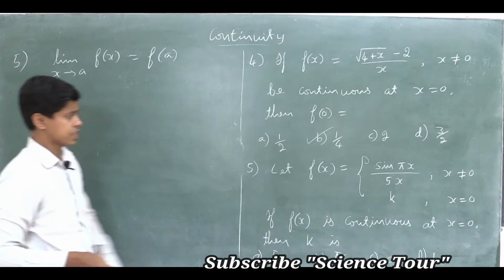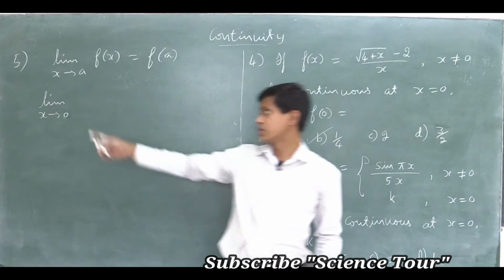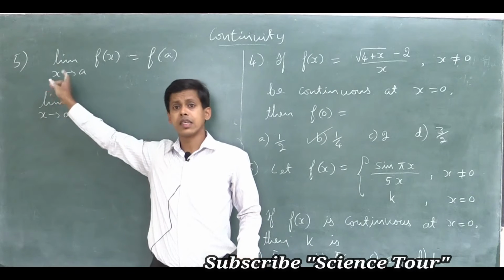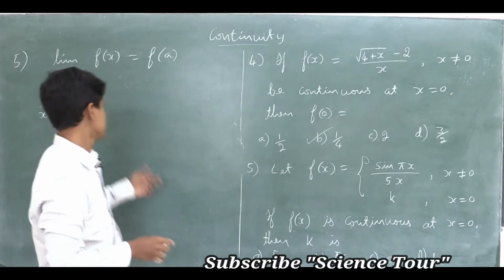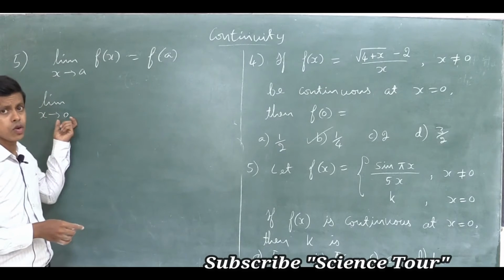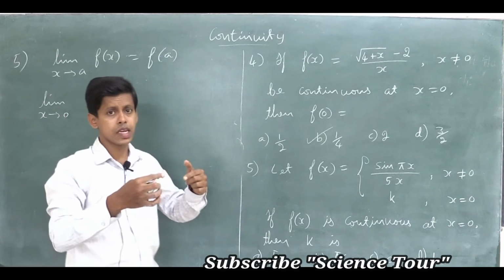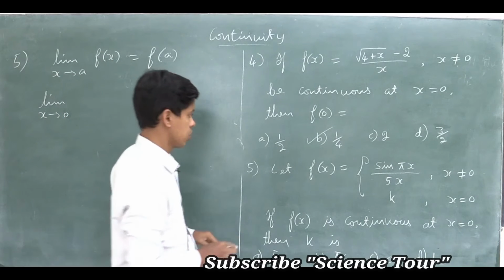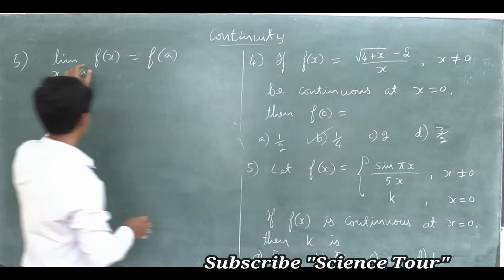And what is f of x when x tends to 0? See, the meaning of this is x tends to 0 and x is not equal to 0 there. Alright. So it is either from the left hand side of 0 or from the right hand side of 0. You are just moving towards 0 and not attaining 0 there. So we have to use this function in place of f of x.